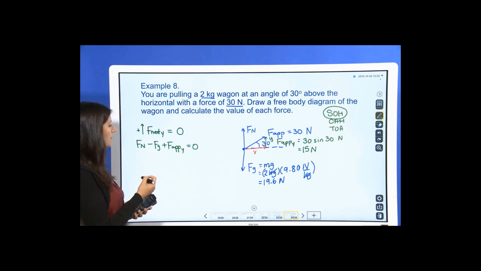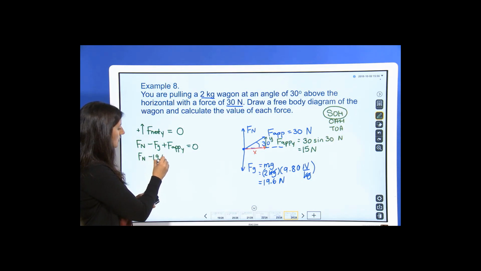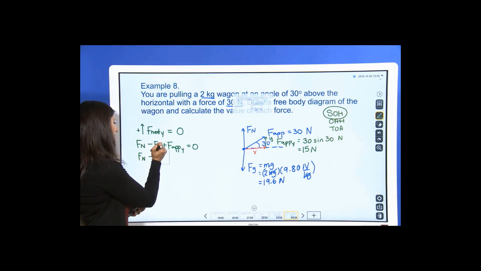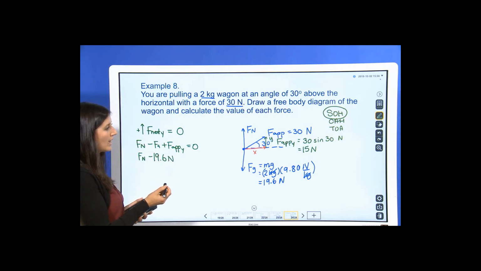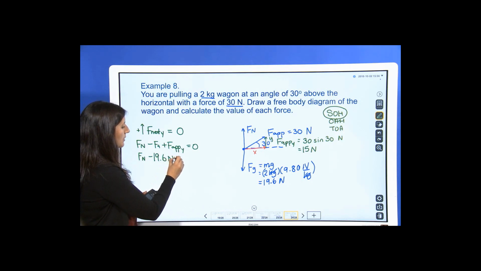So let's put in all the values. My normal force is what I'm looking for, so I'll keep that as it is. My force of gravity is 19.6. And my F applied y is 15 newtons, and it's pointing upwards, so it's positive, 15 newtons.